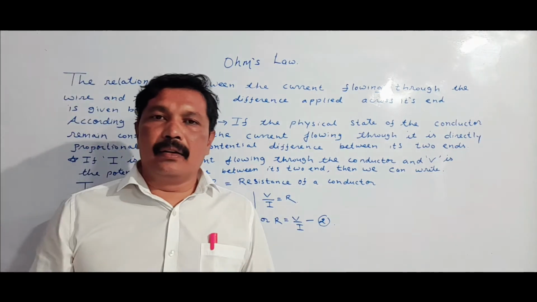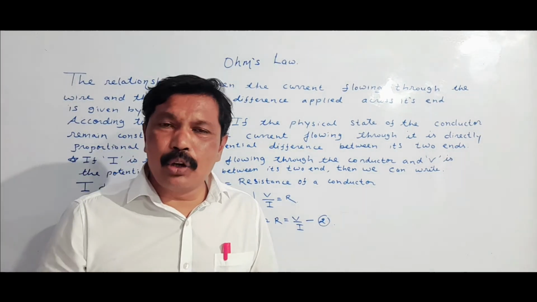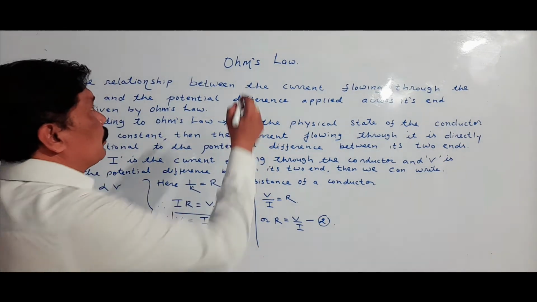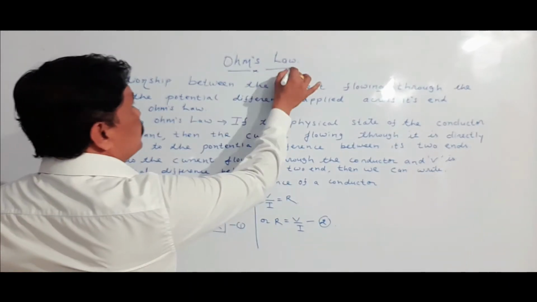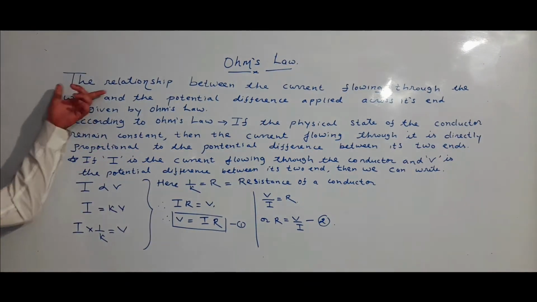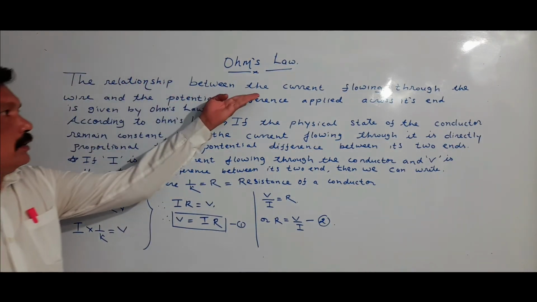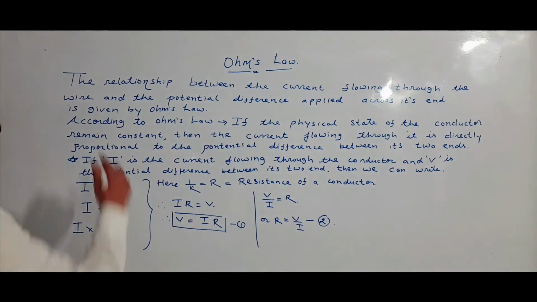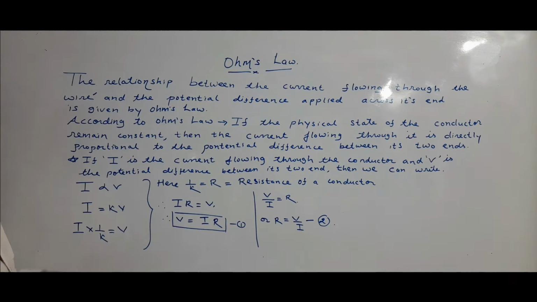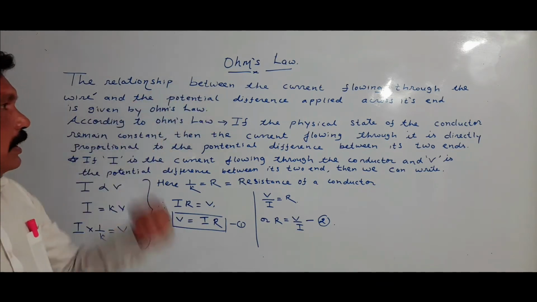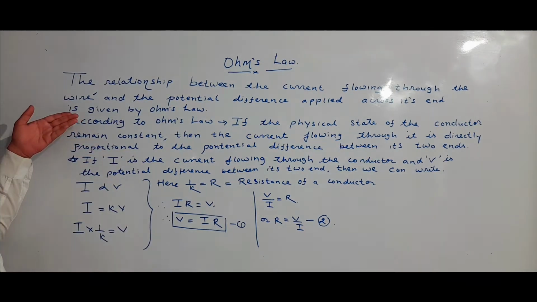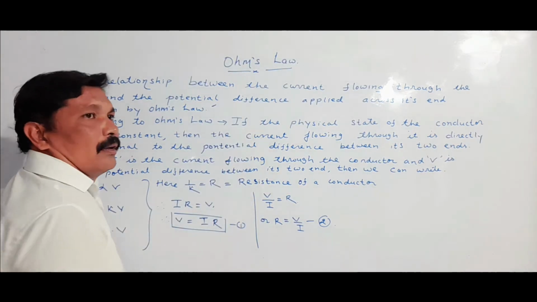My dear student, we are having brainstorming over Ohm's law. But what is Ohm's law? The relationship between the current flowing through the wire and the potential difference applied across its end is given by Ohm's law.